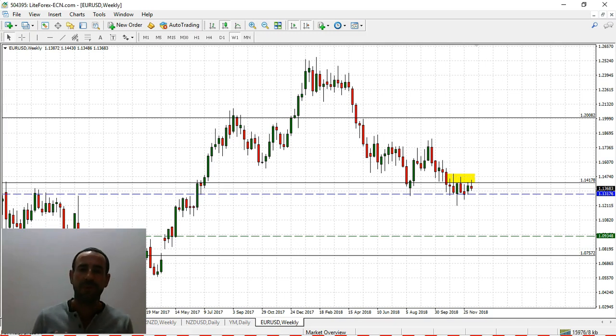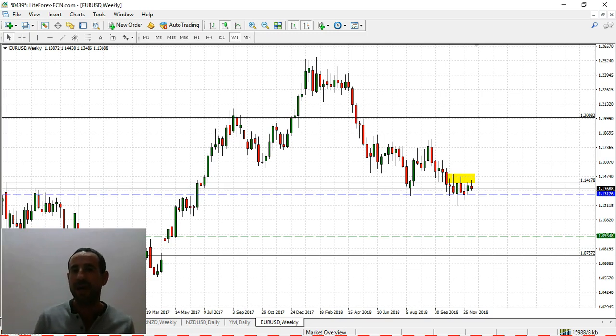So it looks like from the fundamental point of view, the US dollar should continue to rise, should continue to get stronger as the US economy is becoming better and better, right? Now, from the political point of view, it's not perfect, but it's definitely not the situation we have in Europe, right? Far better from a political and demographical aspect.